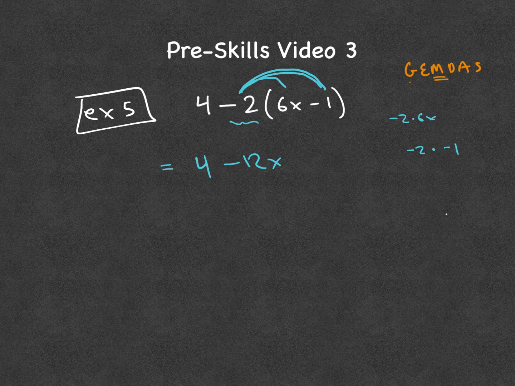And when you do that, you get positive 2. And so now I can combine some like terms. Do we see any like terms? I've got a 4, I've got a 2. I can combine those like terms, and 4 plus 2 is 6. So I would get negative 12x plus 6. You could also write it in the order 6 minus 12x. Both of those are correct.